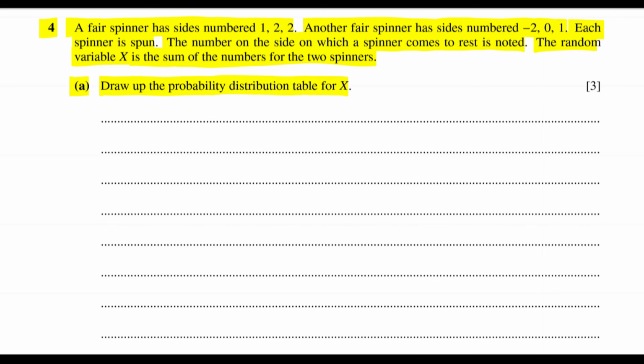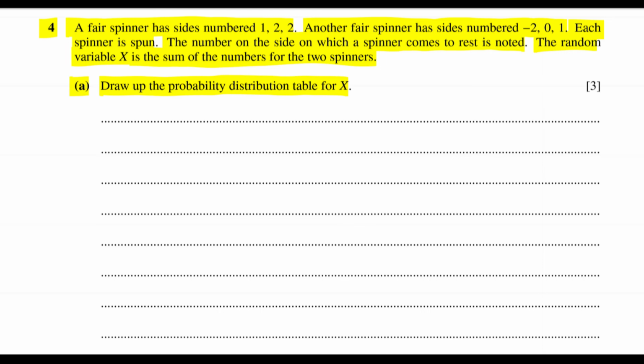So I will make a table first. Before that, I think we should decide what would be the values of x. What values can this random variable take? Since it is a sum, let's see the minimum.